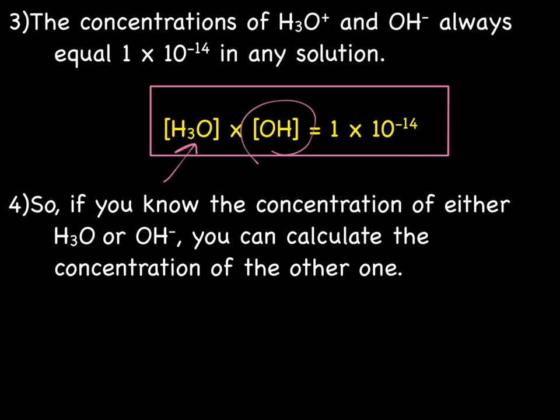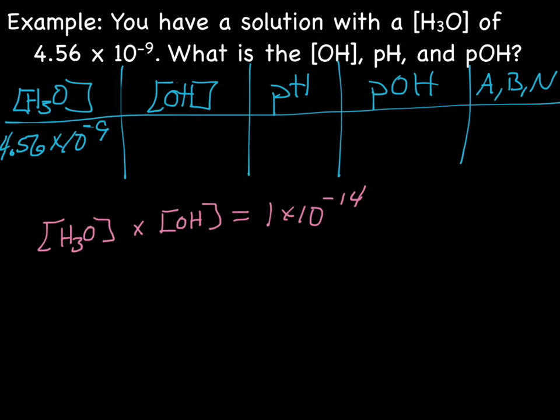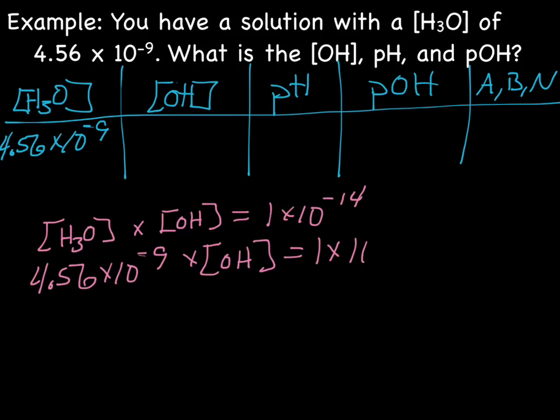So we know concentration of H3O, which is 4.56 times 10 to the negative 9th. We want to determine the concentration of OH. So now let's solve for OH by dividing 1 times 10 to the negative 14th by 4.56 times 10 to the negative 9th.